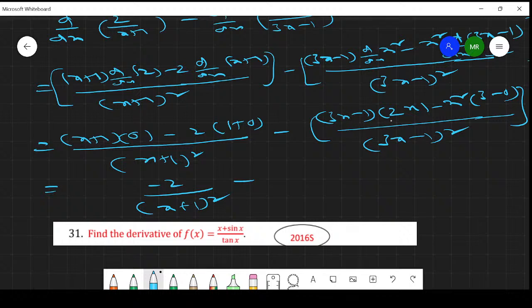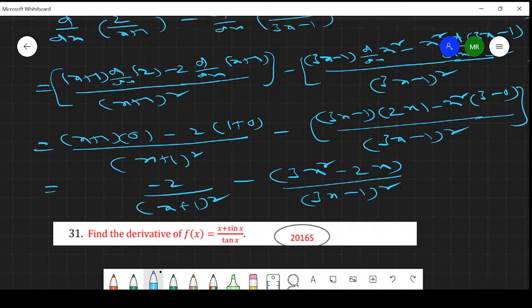So this is 6x square minus 3x square. It will be 3x square minus 2x, so minus 2x by 3x minus 1 whole square.